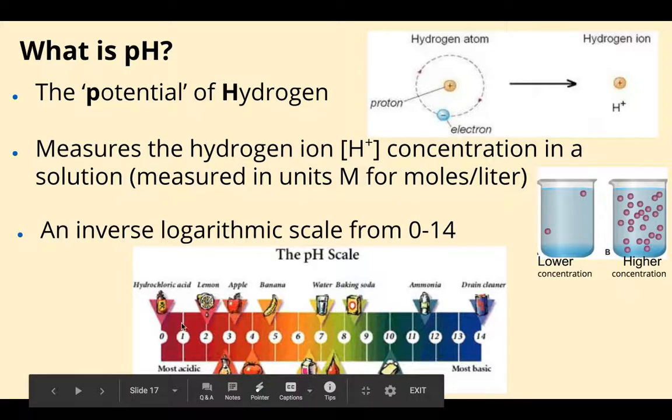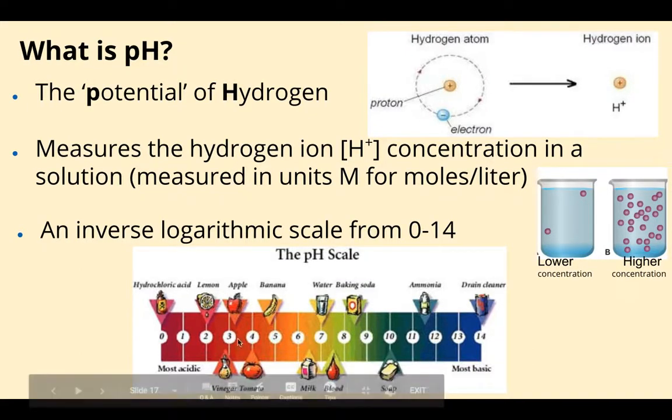So something that has more hydrogen ions is more acidic, but it has a lower pH. That's the inverse part. The logarithmic part means that each step on this scale is a change in 10 times the amount of hydrogen ions.